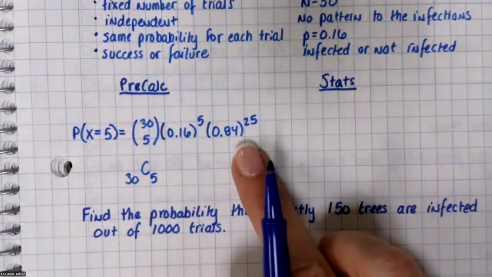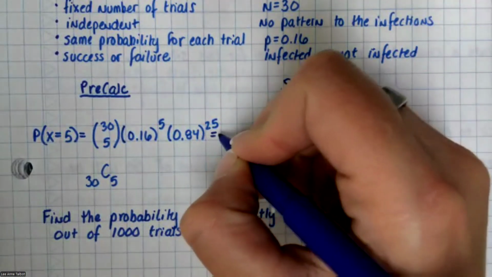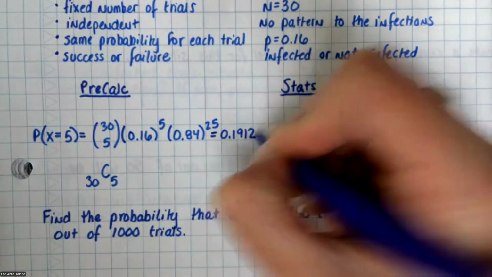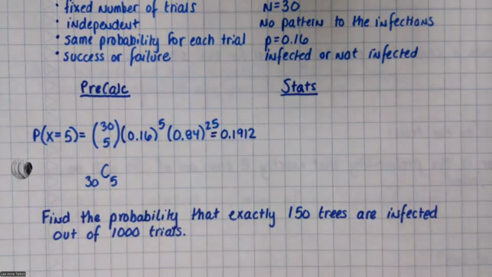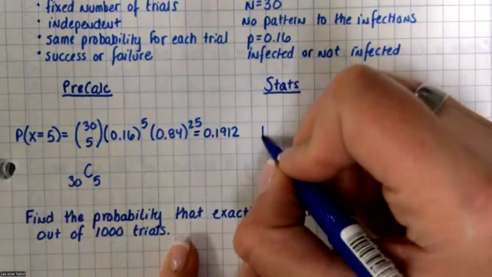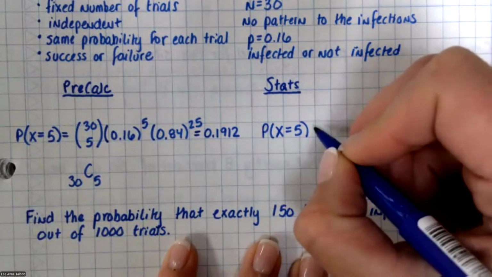Now, statisticians, us in our class, we're too lazy to do this, although College Board asks you for it, so I don't know what to say about that. But we actually have special buttons in our calculator just for this situation. So we're going to say instead probability X equals 5.